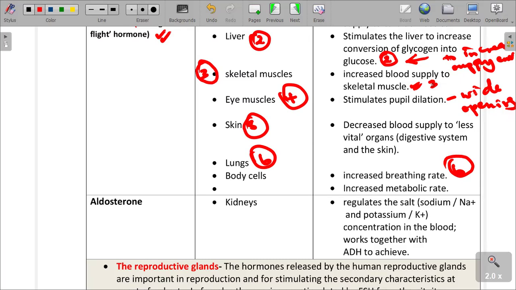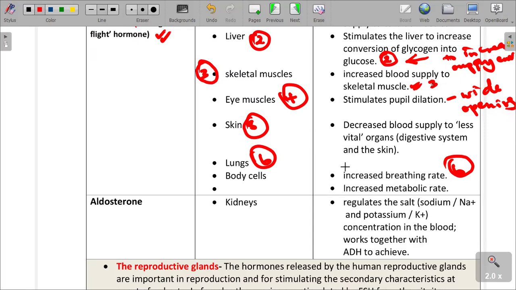In order to increase the oxygen and carbon dioxide movement, we are talking about the taking in of oxygen and also the release of carbon dioxide.